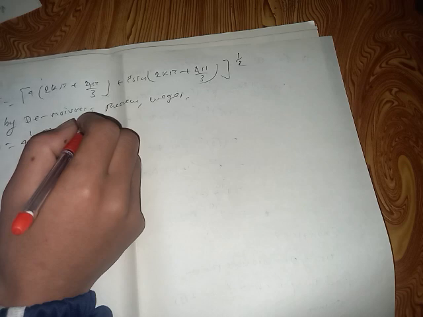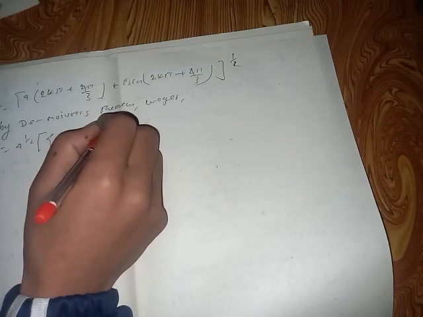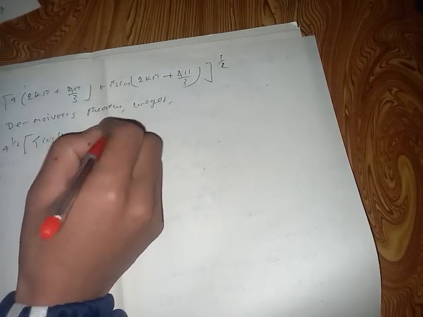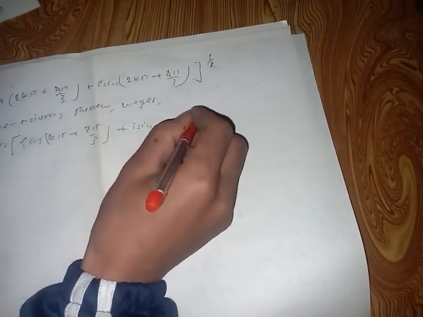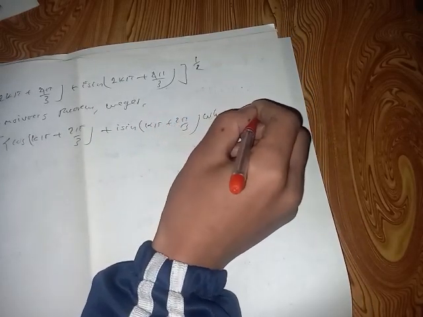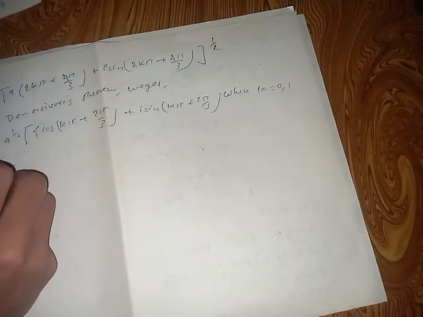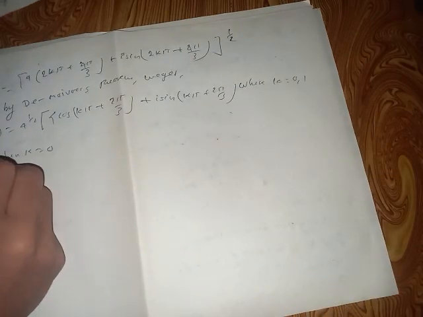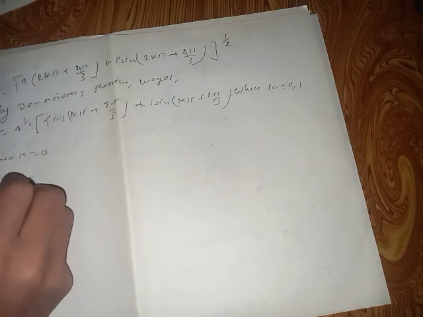Then we can write the square root of z as z to the power 1 by 2, which is equal to 4 cos of (2k pi plus 4 pi by 3) plus i sin of (2k pi plus 4 pi by 3), the whole power 1 by 2.